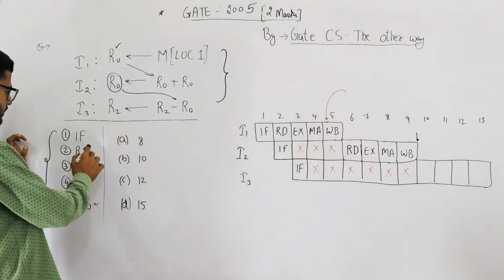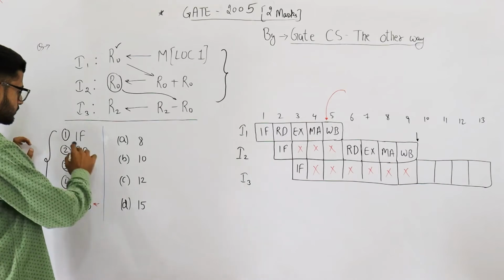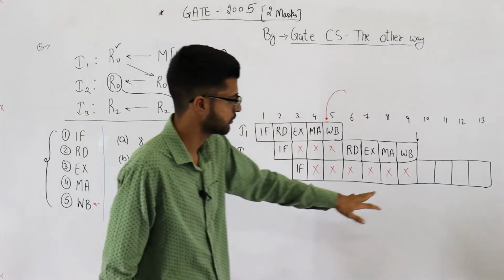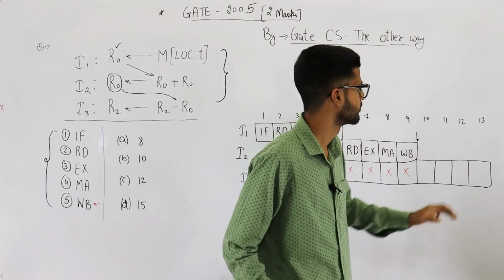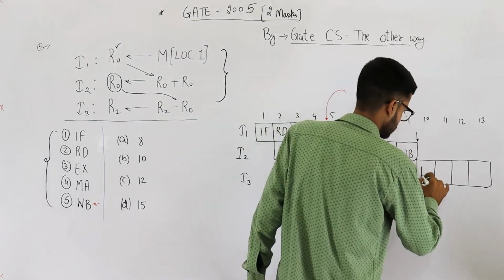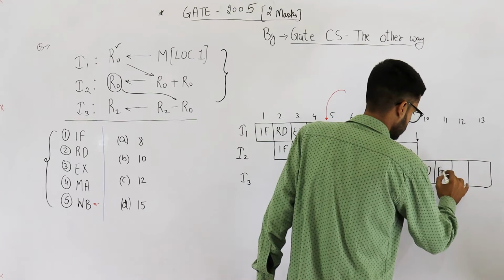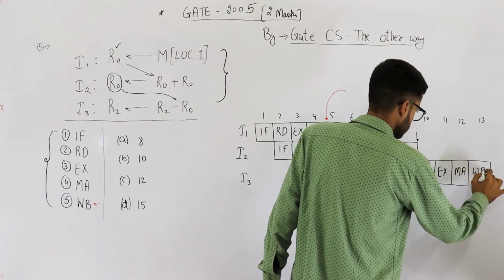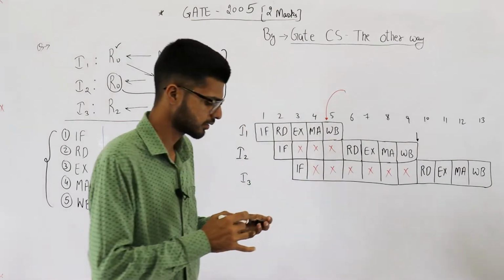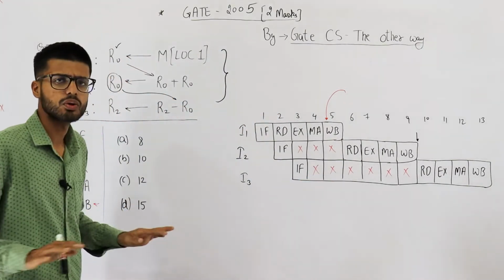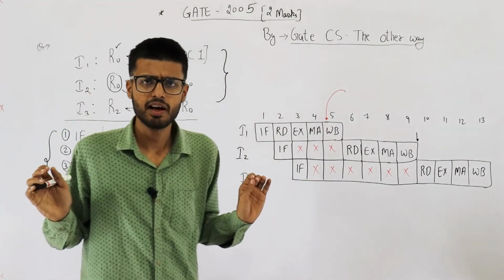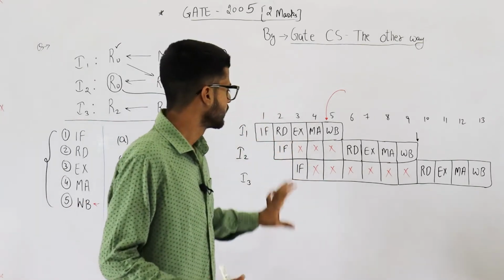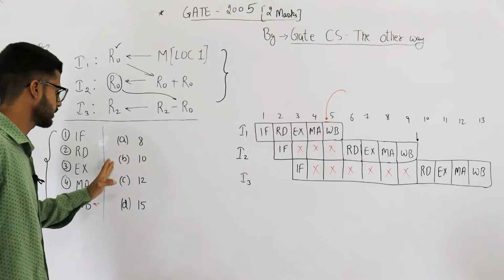You can just copy these 4 stages, that is RD, EX, MA and WB here. This is the entire diagram without using any operand forwarding, any split phase whatsoever. Now we didn't find 13 in the options.